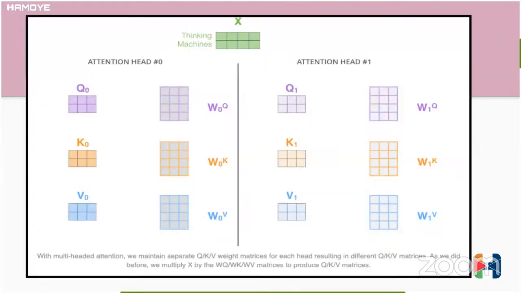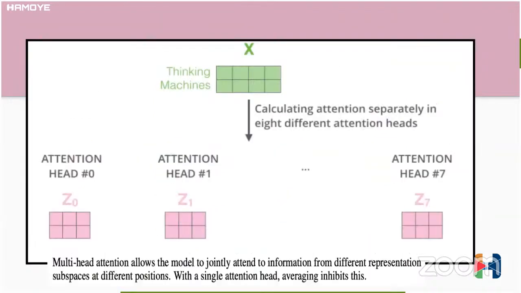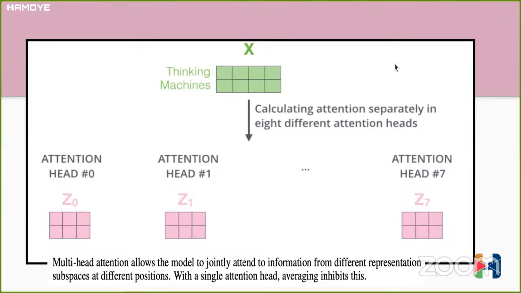Here is how the multi-head attention comes into play. We now have Q0, K0, V0, Q1, K1, V1, and so on up to the number of heads. Then we have the weight matrix W0, the weight matrix W1. All of those are then concatenated together, and we have the attention heads for each of those vectors.